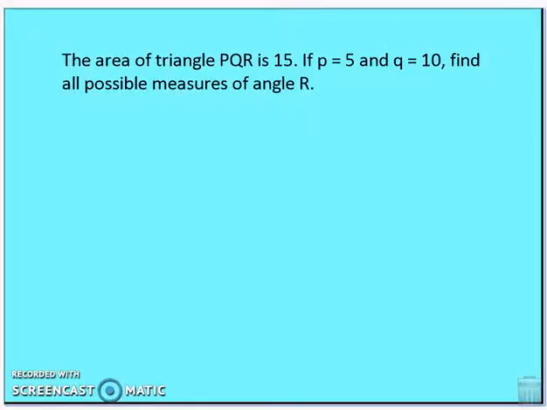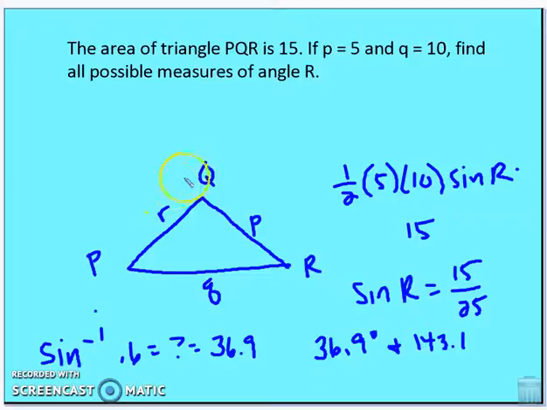All right, next question. The area of triangle PQR is 15. If p is equal to 5 and q is equal to 10, find all possible measures of angle R. I'm going to pause here while you figure this out. Strong recommendation to draw the triangle. All right, we've drawn the triangle PQR, with side lengths lowercase r, lowercase p, and lowercase q.